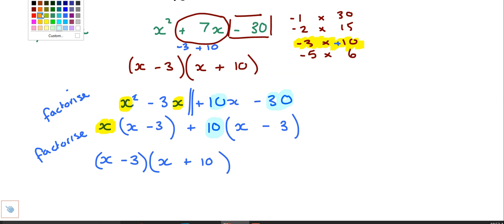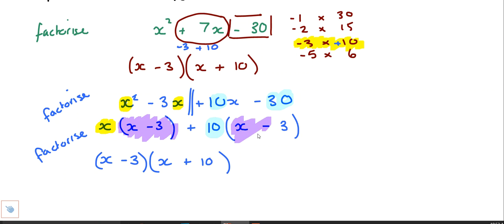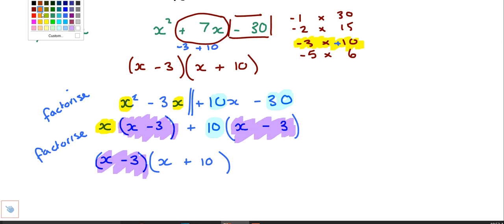Then, on the second go around, I can take a common factor of x minus 3 out and bring that outside, and I'm left with my x plus 10 that I had before. So I factorised twice.